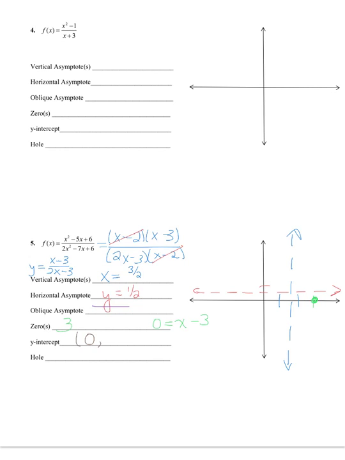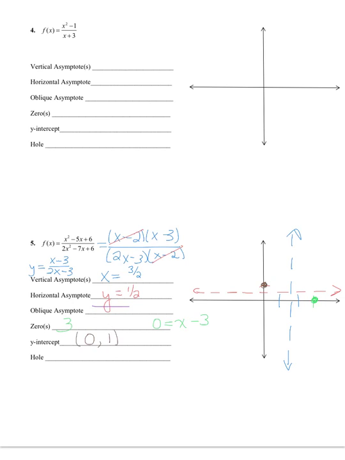We'll get negative 3 over negative 3, which reduces to 1. And in reality, that's what we need to graph. If you notice it, I have 1 point on either side of my vertical asymptote, so I'm not even going to test anything else.